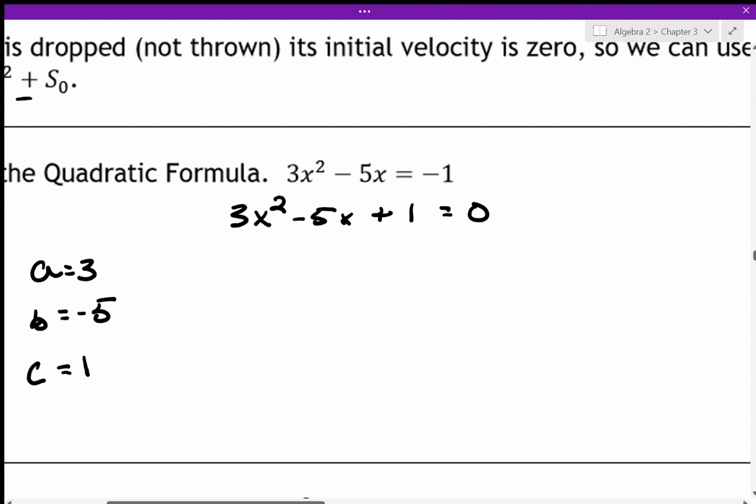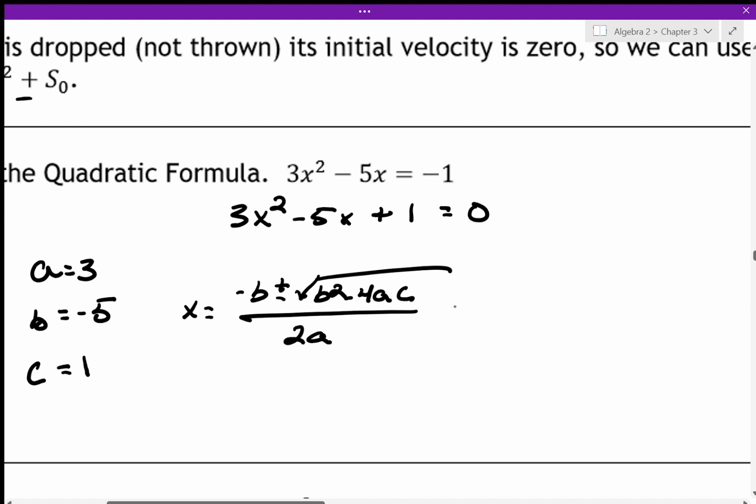Now let's copy down the quadratic formula. X equals -b plus or minus the square root of b squared minus 4ac all over 2a. And again, that's something that we need to try to memorize. Now we just plug in a, b, and c.